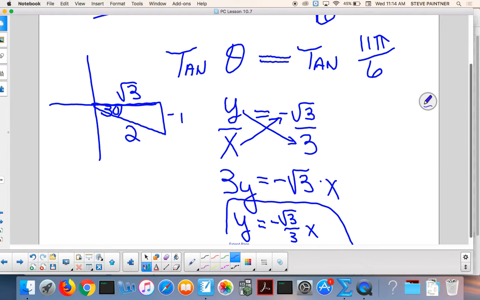Now see this one, when it's 2 over cosine, it's easy to call it secant, but it's not just cosine, it's cosine. Let's just work on this.